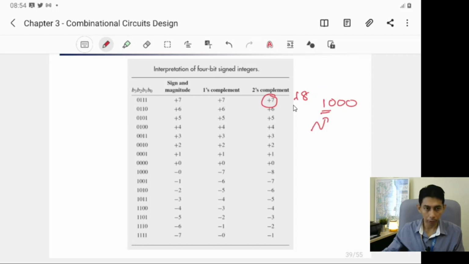So when we have an arithmetic operation, for example, a plus b, and a is 5 and b is 3, the answer is 8, right? Positive 8. So this 8 cannot be stored in a 4-bit system. This we call arithmetic overflow.